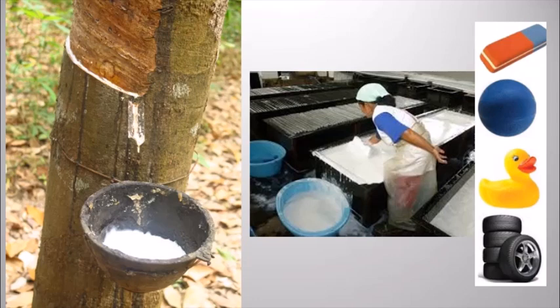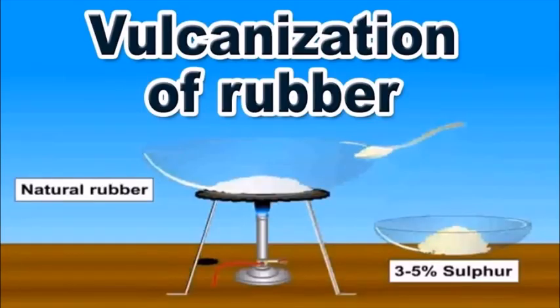Next is the artificial rubber. Now artificial rubber was discovered by Charles Goodyear and he accidentally discovered it. What is this called? It is called vulcanization. So what happened in vulcanization was that Charles Goodyear accidentally spilled the mixture of rubber and sulfur on a burning stove.